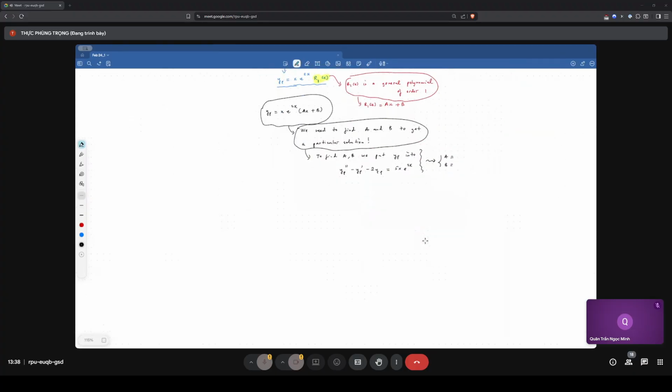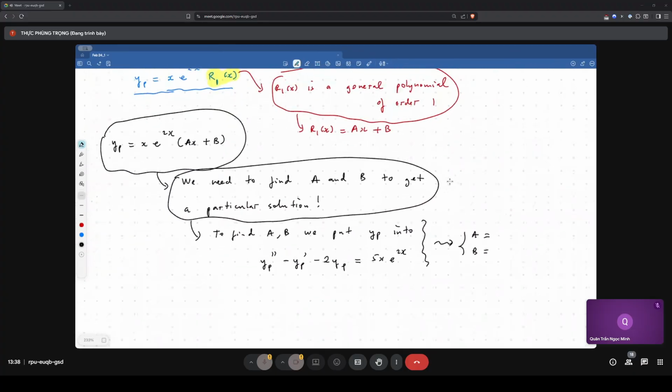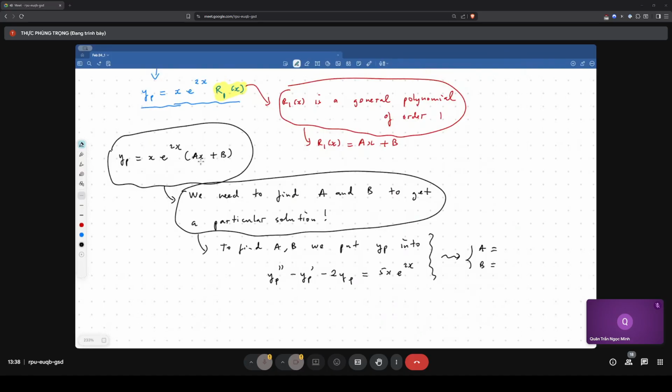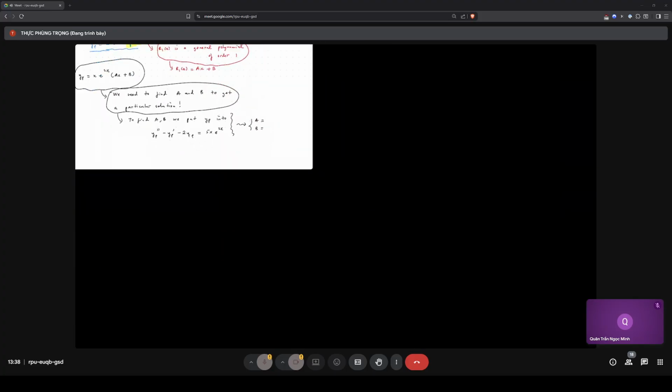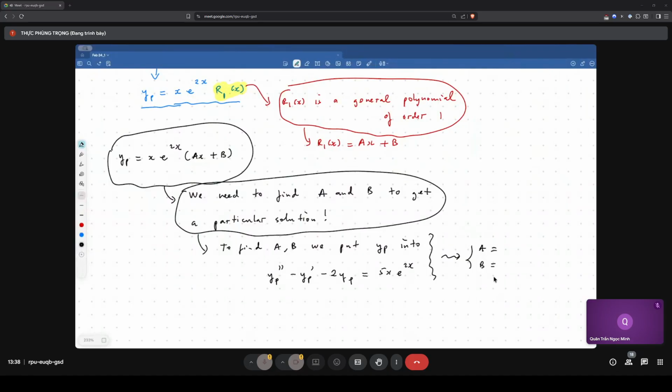So I skip that part right here. We just do the same thing. This is the form we have for our question. And then after that, you get a and b. So a and b for my question is this one. Let me put them in here.